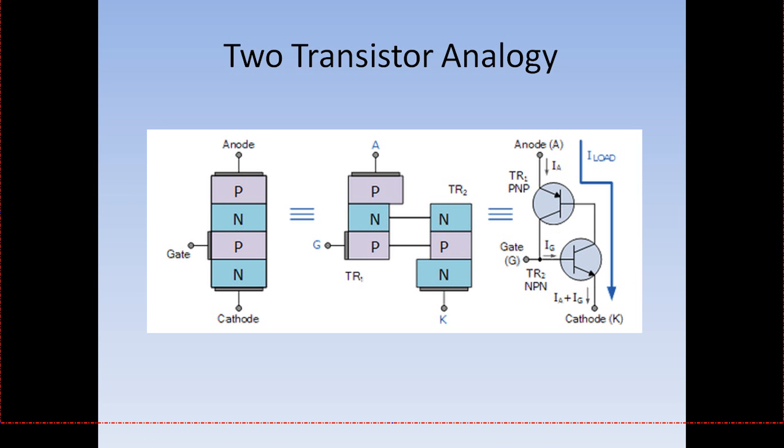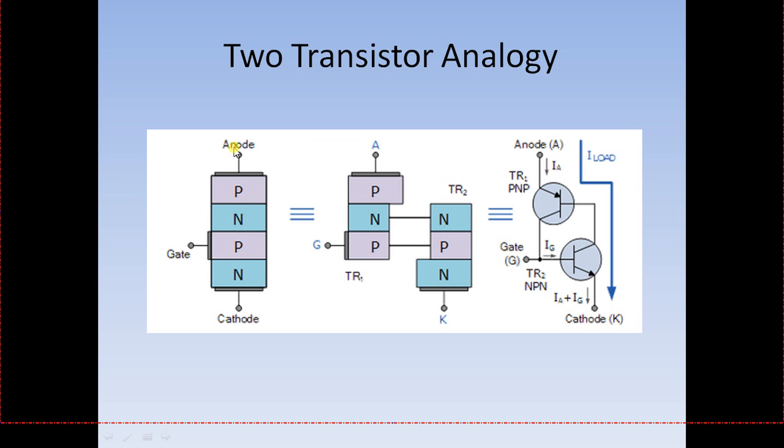That is, you can just give a small pulse at the gate, and once the two transistors or the current starts flowing, the current gets latched. That is, the two transistors start feeding each other regeneratively, and you no longer require the gate signal.